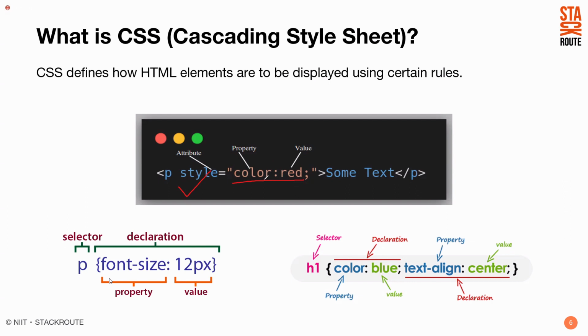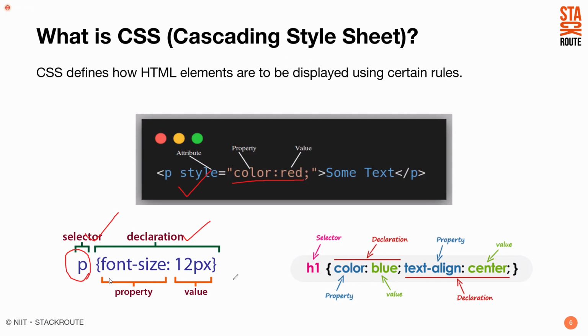You have to use a proper property name, colon, followed by values. Technically we call it a selector and declaration. To which HTML element I want to apply this, you need to specify as a selector, followed by the declaration. This is inline style. When it comes to embedded, you will provide a style tag. Inside that, you will provide a selector followed by a declaration.